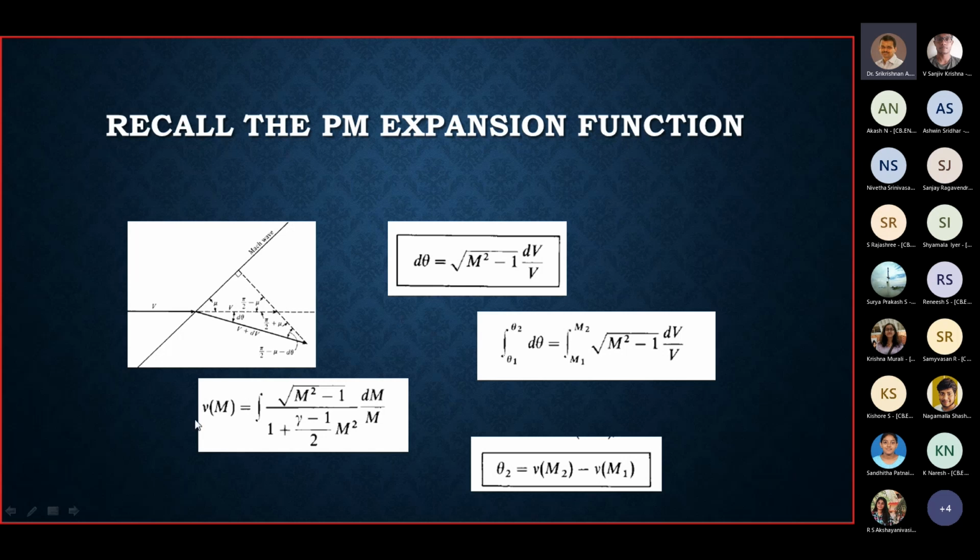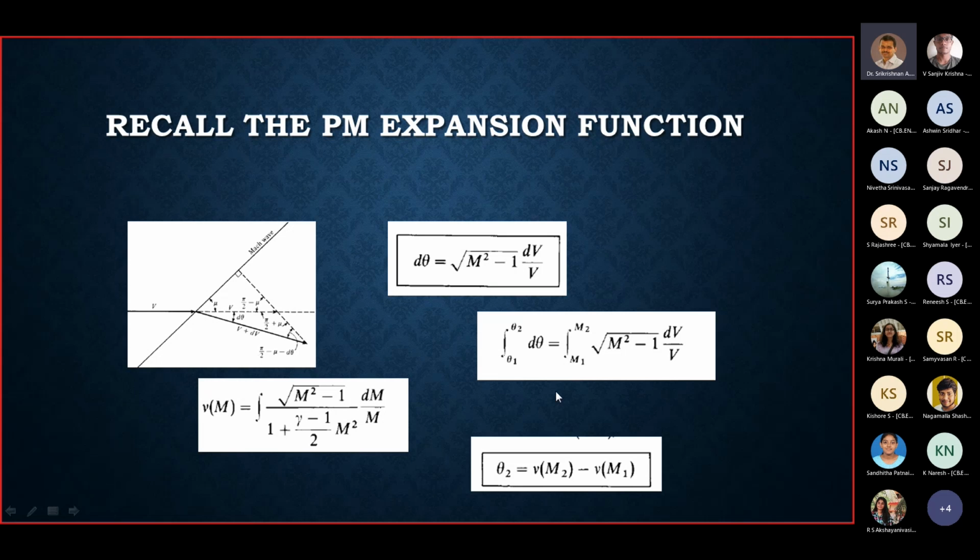So based on that, we have the Prandtl-Meyer function nu, which is an integral, and it can be integrated across the fan, so that the integration will lead to the deflection, which can be calculated as a function of the Mach numbers before and after the expansion.